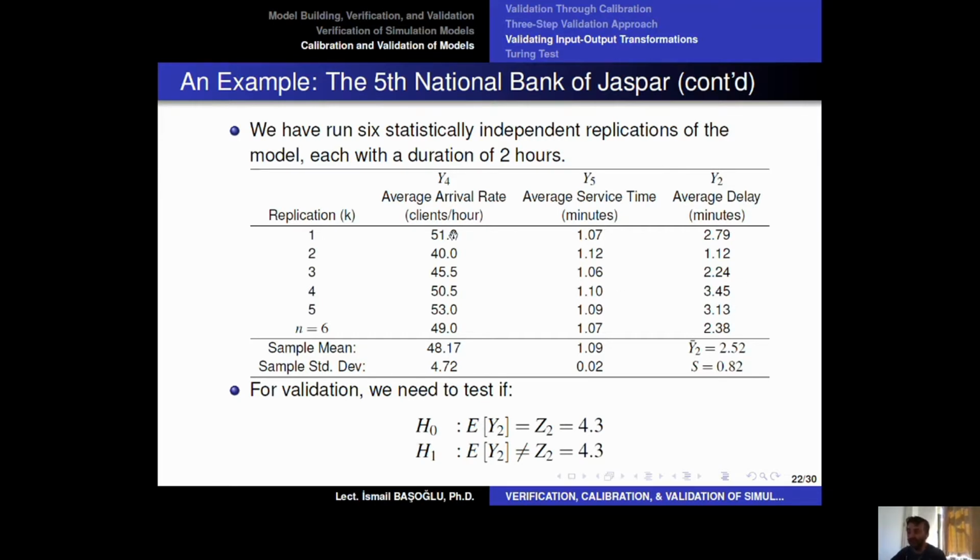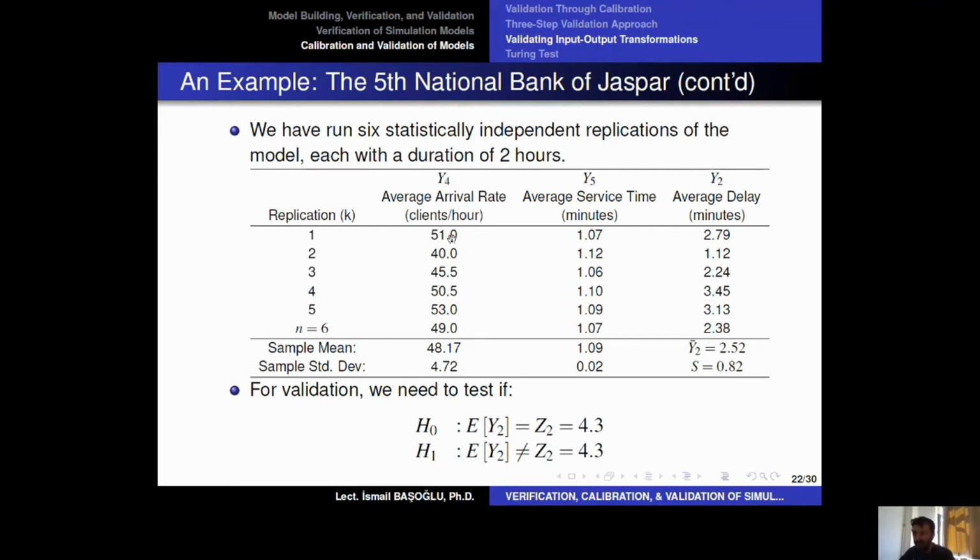Now, if you check that out, for 6 replications, the average arrival rates are changing from 53 to 40, and we take the sample mean of the arrival rate of these 6 replications, so it's somehow the average of the averages. In the replications, we are also calculating the average arrival rate among the clients.